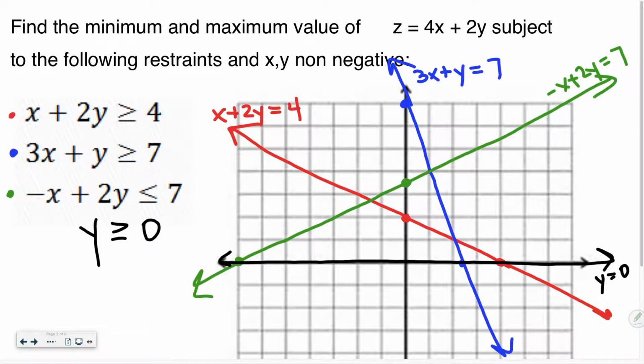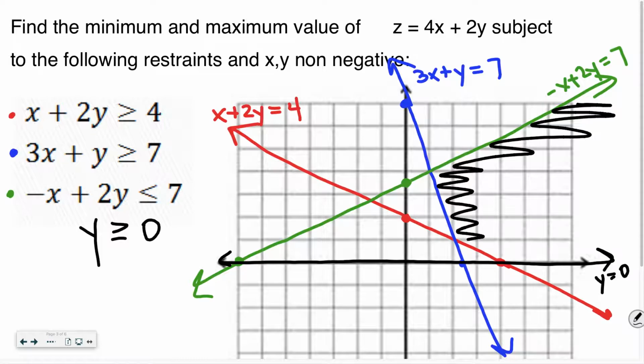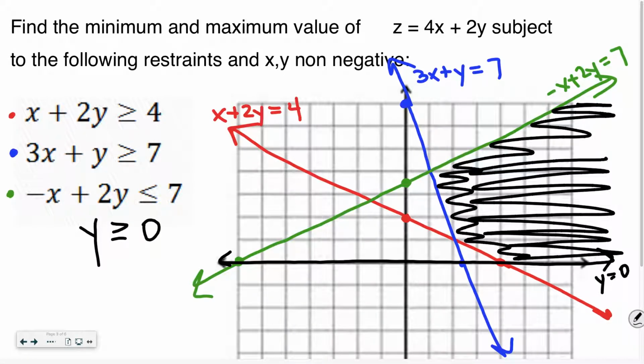Okay, so the blue and red lines we're shading away from 0, 0. The green line we're shading towards 0, 0. So our shading is going to be here. And then we have that y equals 0 to worry about.